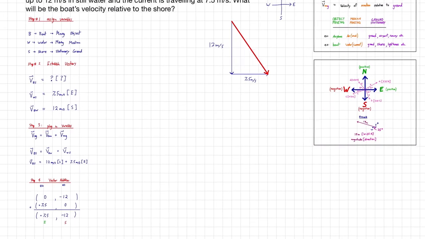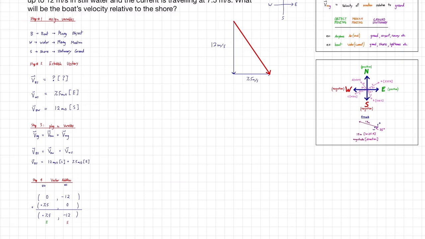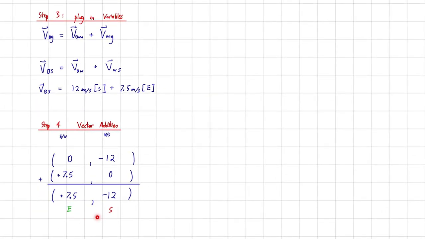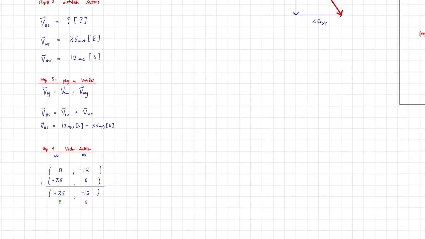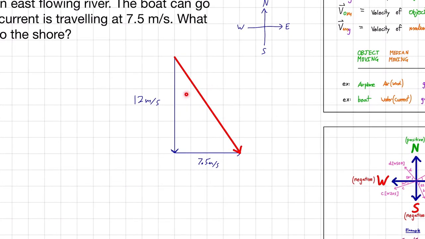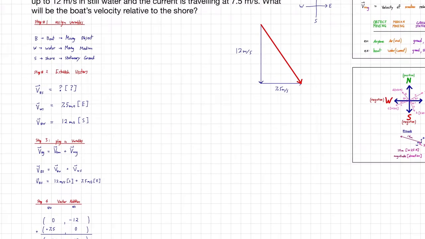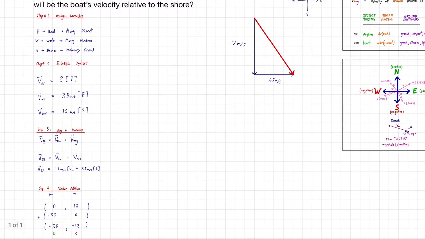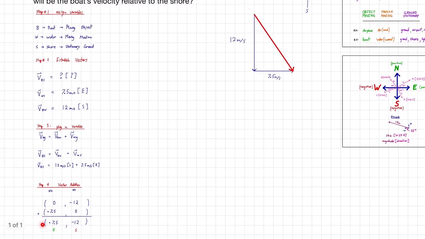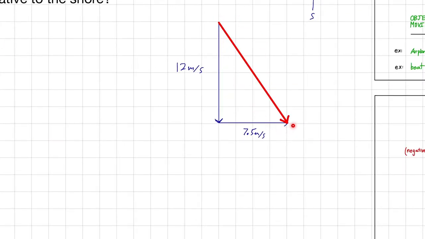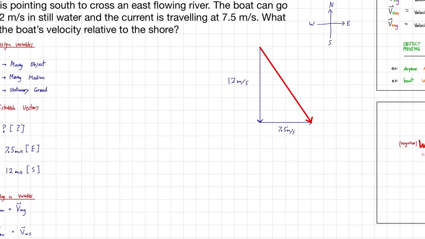And I want you to see also that what we've found with this vector addition matches what we initially drew over here with these components. We have a component of 12 south and 7.5 east, and that will be our resulting vector that I've drawn in red.